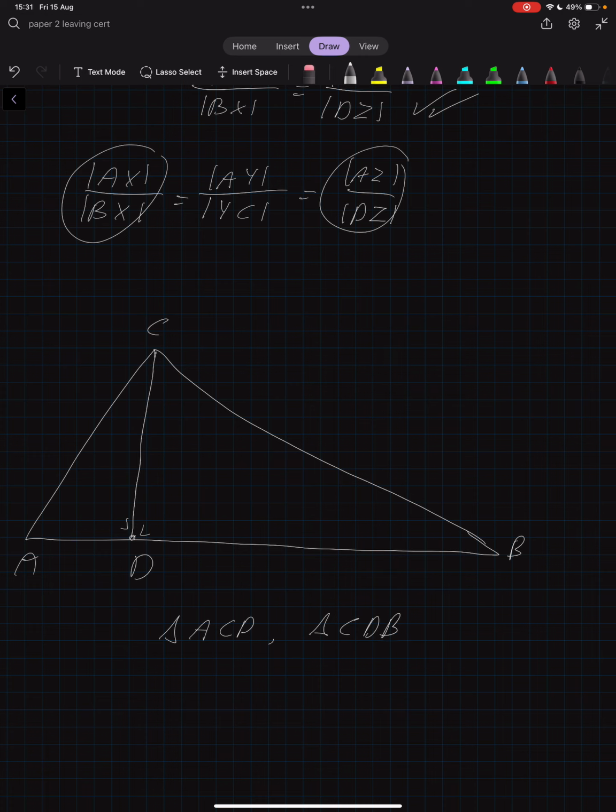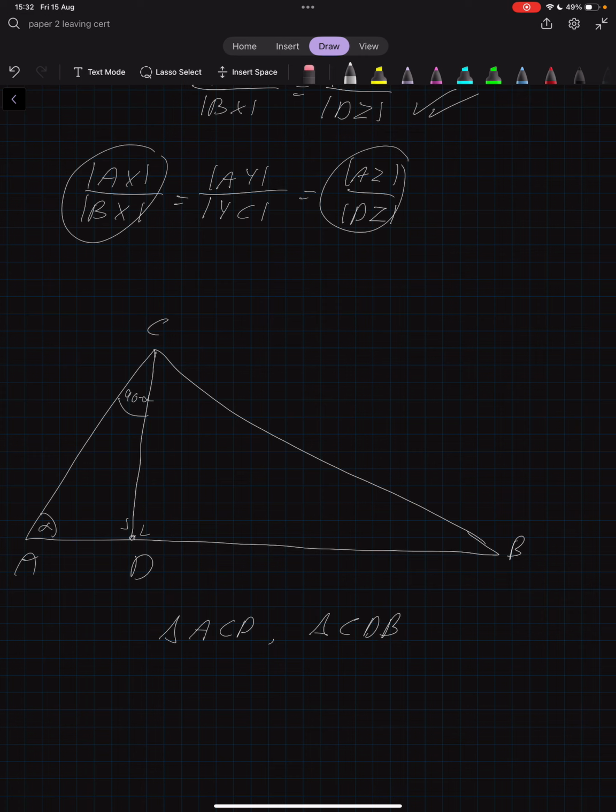So first of all, if we look at this one, label this as angle alpha. If this is alpha, this needs to be 90 minus alpha. Okay? So hopefully that makes sense.